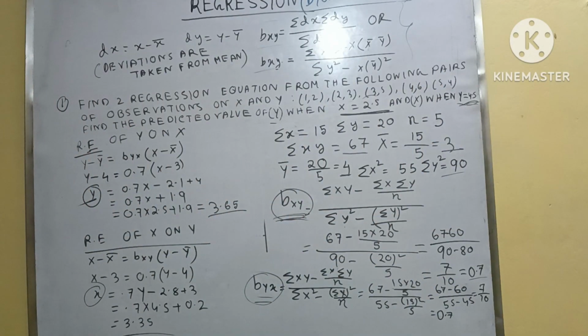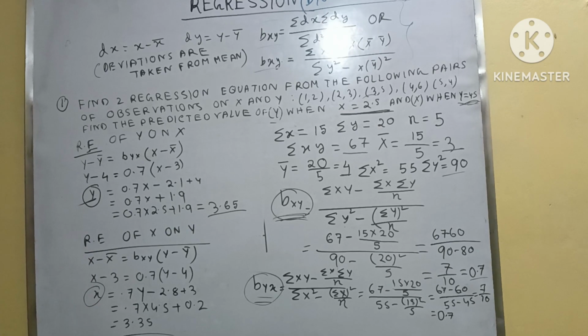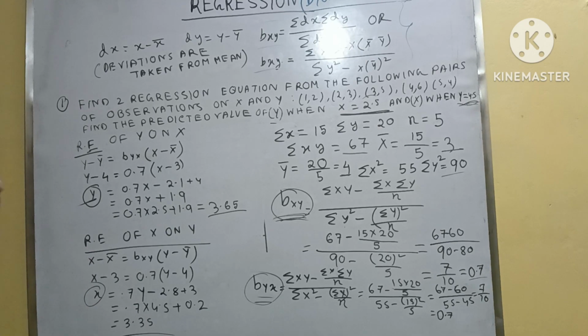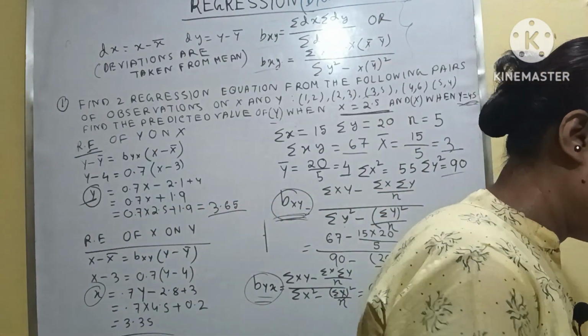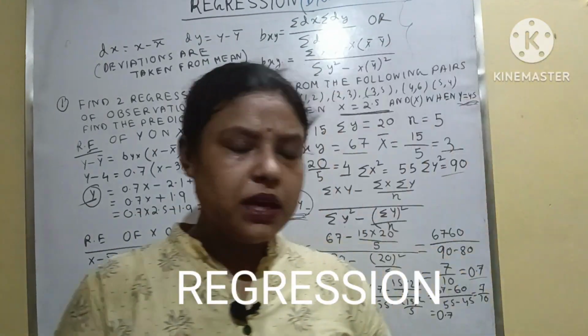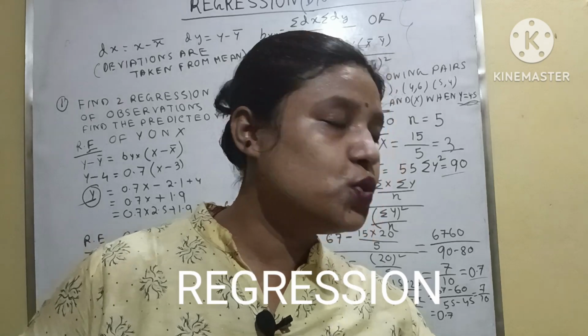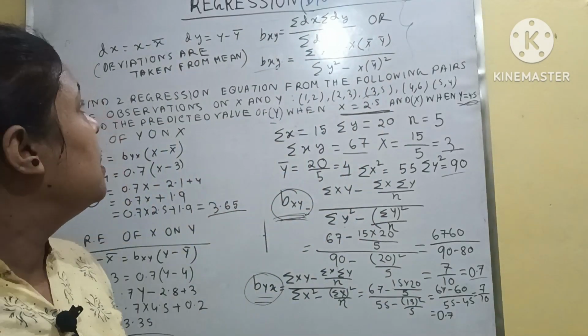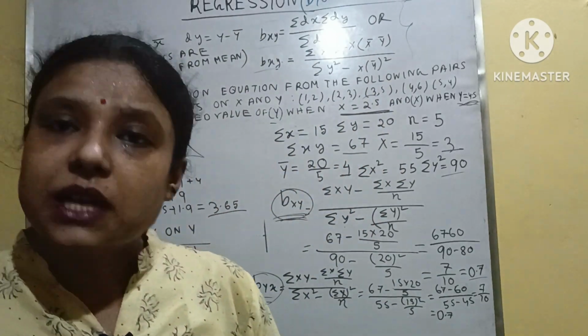Okay, and you can show the regression equation, and after putting in the values of y and x, we will get the actual value of x and the actual value of y. So here the total information related to the regression equation is completed.